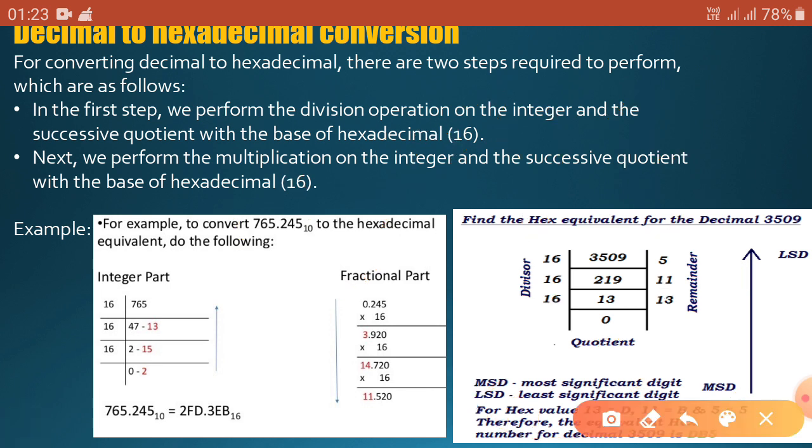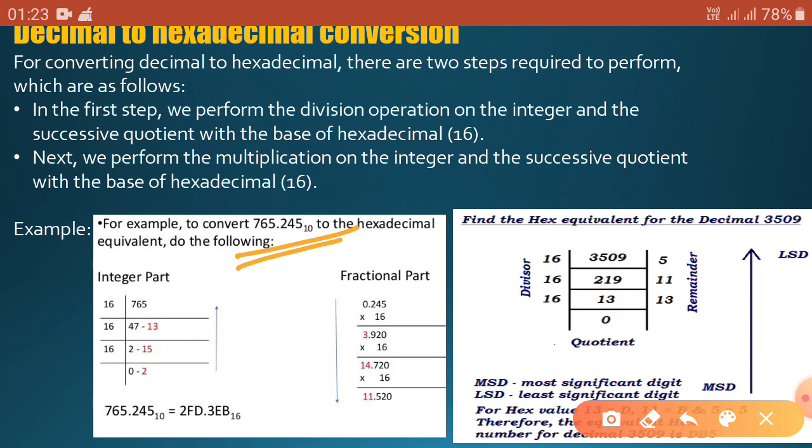Here we are taking another example: 765.245 in decimal. At first we take the integer part, then we take the fraction part. The integer part here is 765.